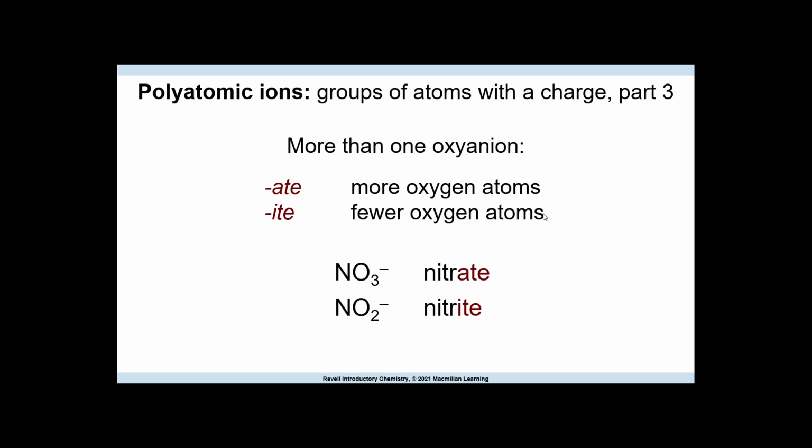If you're dealing with an ite ending, it has fewer oxygens than the other one. So we use the suffix ate to indicate the ion with more oxygen atoms present, and the suffix ite to indicate the ion with fewer oxygen atoms present. Nitrate has 3 oxygens, and nitrite has 2 oxygens. However, they still both have 1 nitrogen, and they still both have a -1 charge.